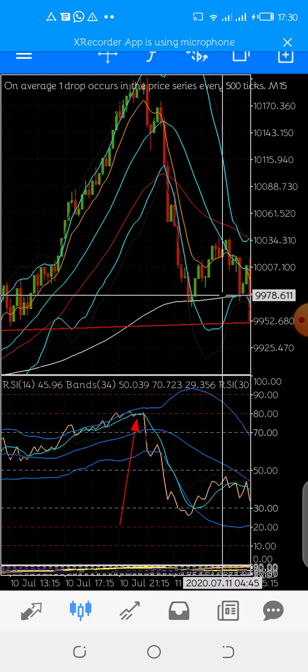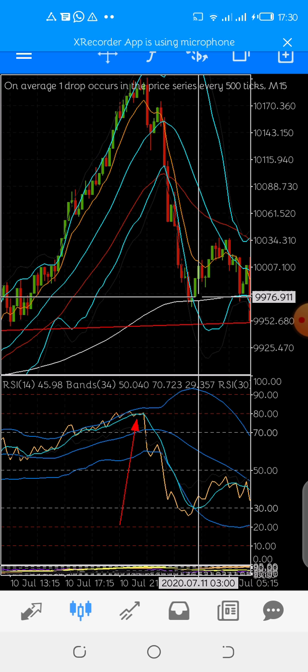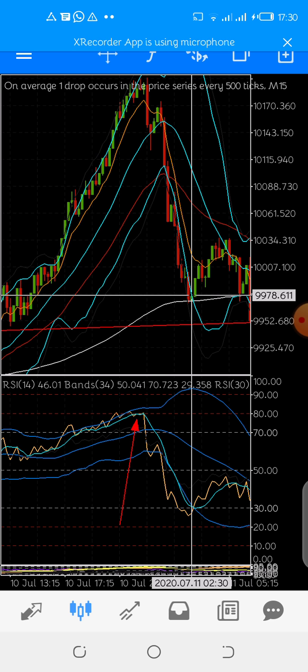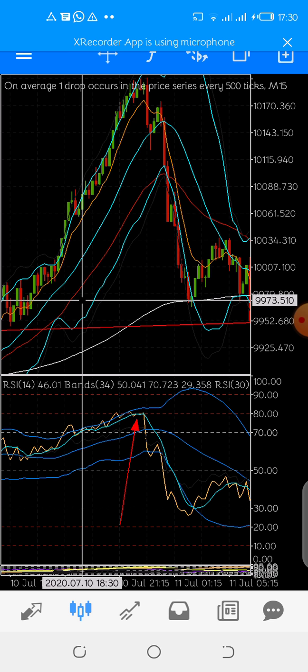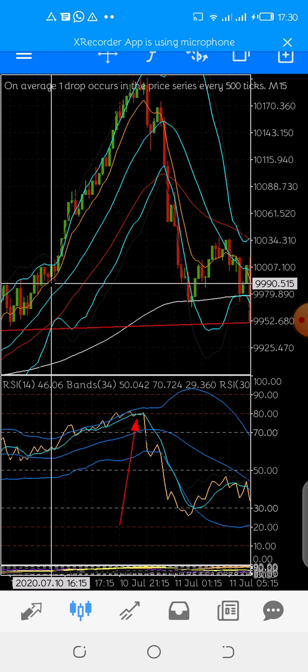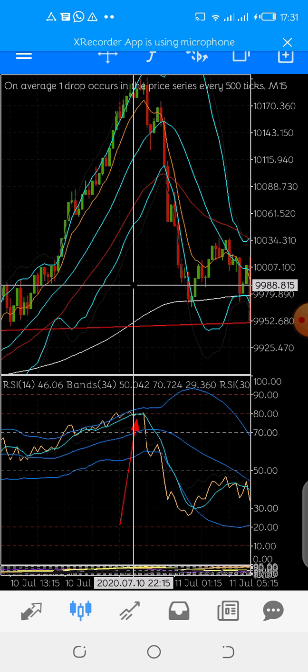When the market starts crashing, it will crash like this, 12 candles from here all the way to here. 12 candles dropped, a drop that had been covered from here, which was almost a full day.